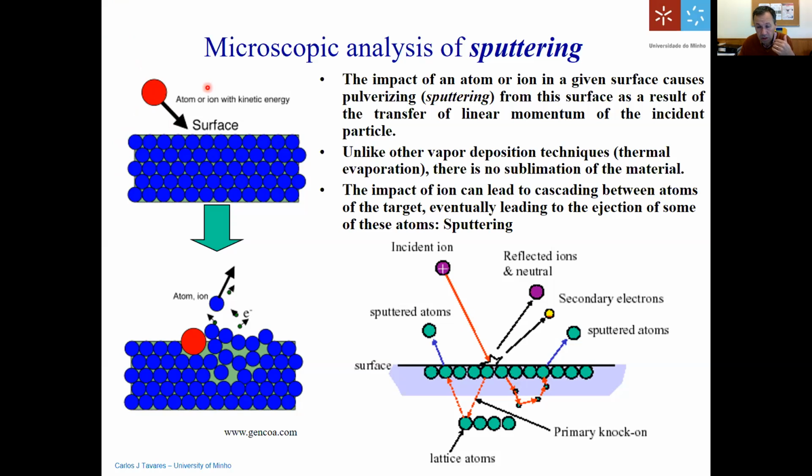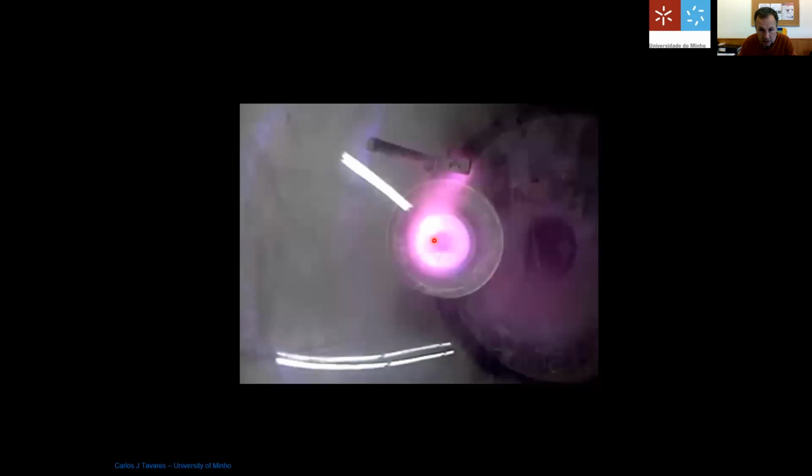And the electrons are necessary to continuously ionize the argon, okay? When this argon ion has a positive charge, as you see here, it will be incident on the surface of your target, for example, the titanium target, which is what we're seeing here, okay?